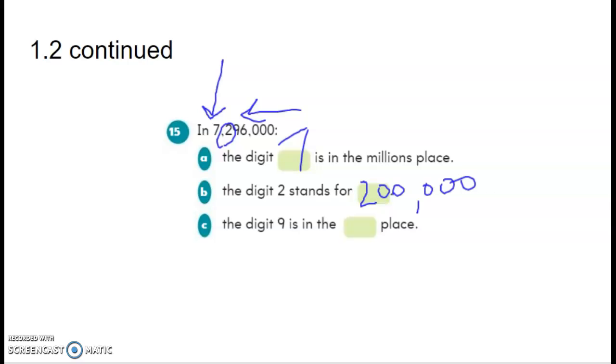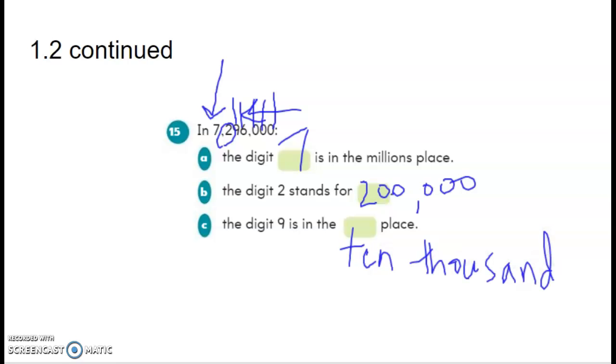And the digit 9 is in the what place. So I can count, okay, ones, tens, hundreds, thousands, 10,000s. It's in the middle of that thousands period. The number in the middle of the period is always the 10. So 10,000s place. And that is all for place and value. Good luck practicing.